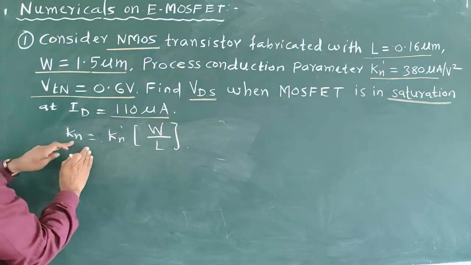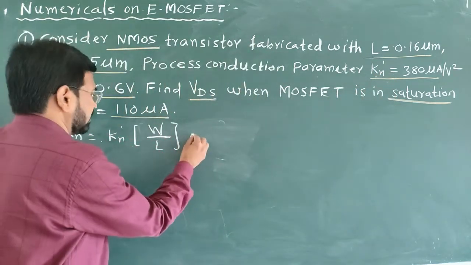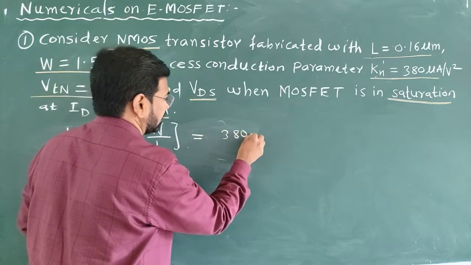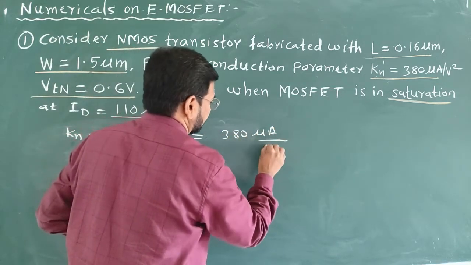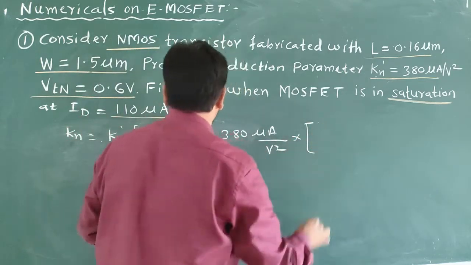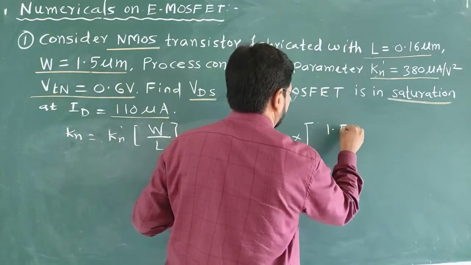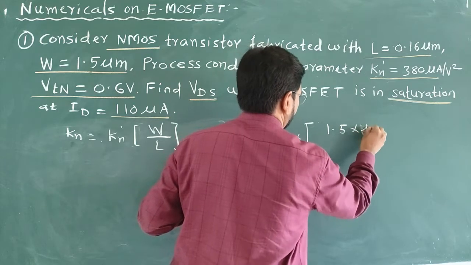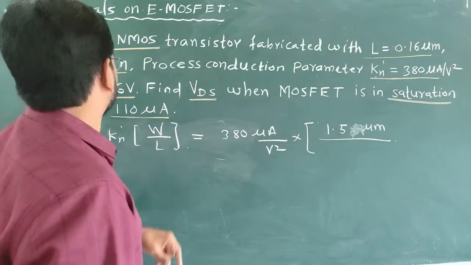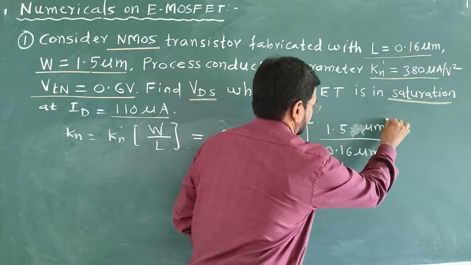So, let us find Kn. Kn is not given here and Kn dash is mentioned. By using this relation we can find it: Kn dash is 380 microampere per volt square into W by L. Width is 1.5 micrometer and length of the channel is 0.16 micrometer.